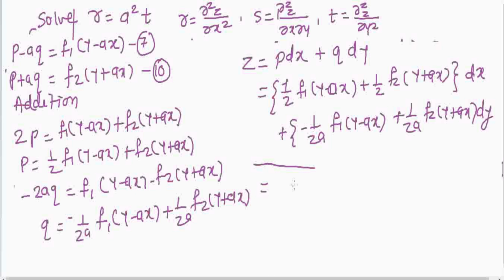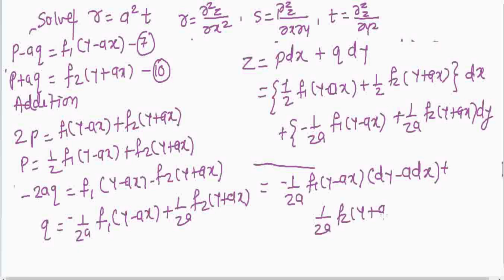So friends, we take 1 divided by 2a common. With f1 of y minus ax, let us take minus common, then you can see we have the dy minus a into dx term here, plus 1 divided by 2a f2 of y plus ax into dy plus a into dx.